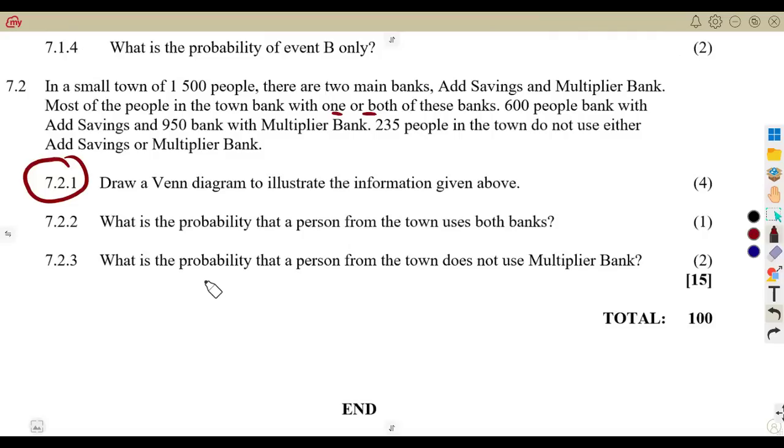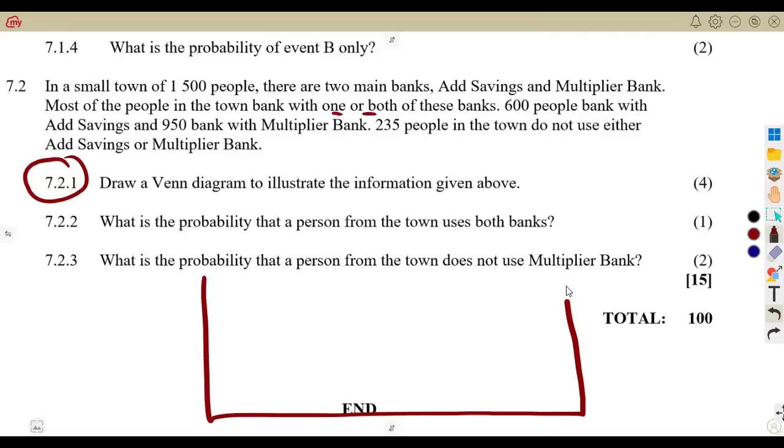If we are to consider, there are two types of banks that we are given there. There's a condition that both can be used, I mean, one person can use both banks. They are saying that most people in the town bank with, okay? Most people in the town, they bank with what?